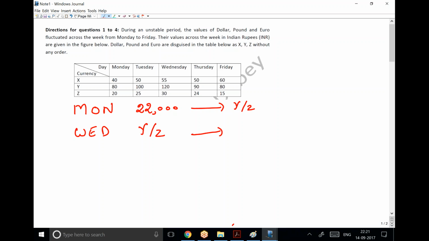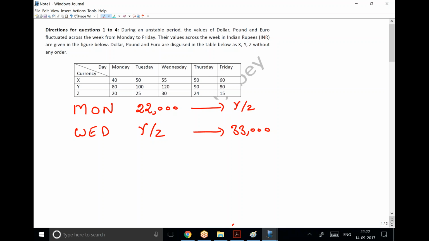And we know from Monday to Wednesday there's an increase of 50% if I convert into either Y or Z. Now when you get an increase of 50%, this will become 33,000.